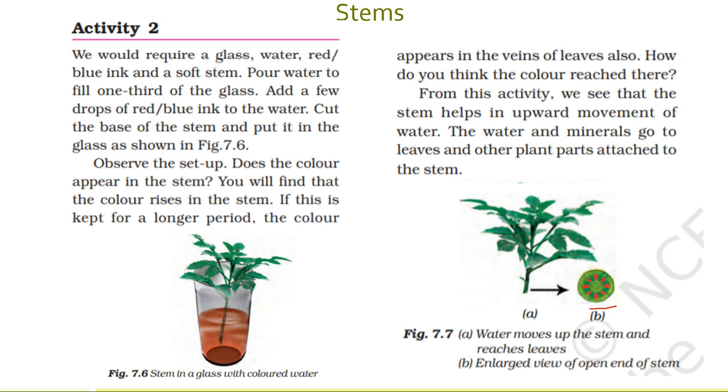How is this happening? The answer is, your stem has a pipe-like vessel system in it which carries the water from roots to each and every part of the plant, whether it is fruit, flower, bud, or leaf. So the stem carries water and minerals for the plant.